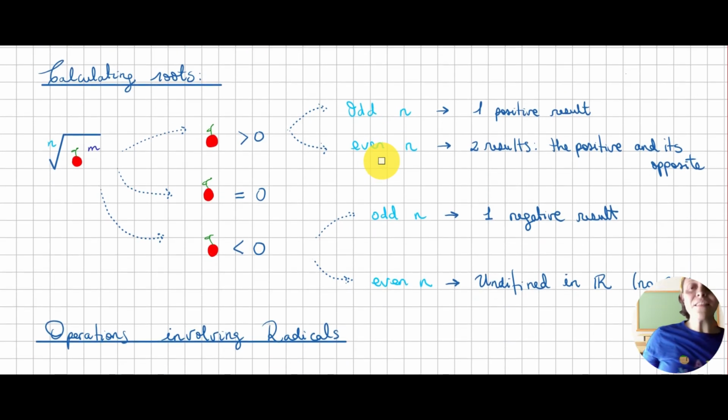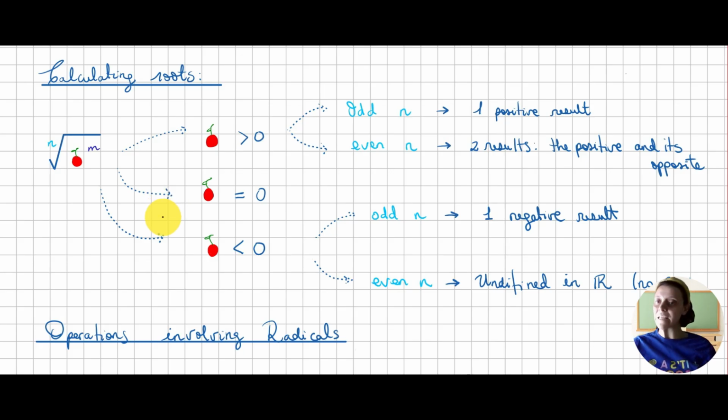As you can see, this video is a brief class of the theory that we need to know to be able to do the exercises, okay? There will be tons of videos with tons of exercises where everything that we're explaining here will be applied, okay? But first, it's important that you understand how the roots work, okay? So let's go into this part, which is calculating roots.